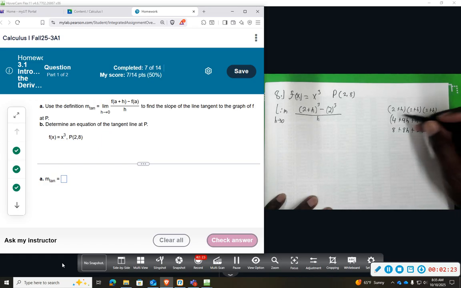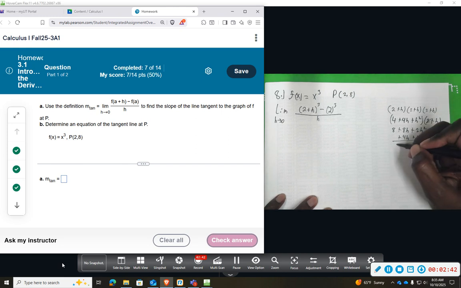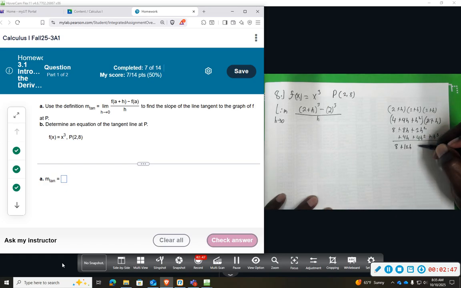Now everything times h. 4 times h, 4h, I'm going to line it up underneath the 8h. 4h times h will give us 4h squared, and then h squared times h will give us h cubed. This will give us 8 plus 12h plus 6h squared plus h to the third.